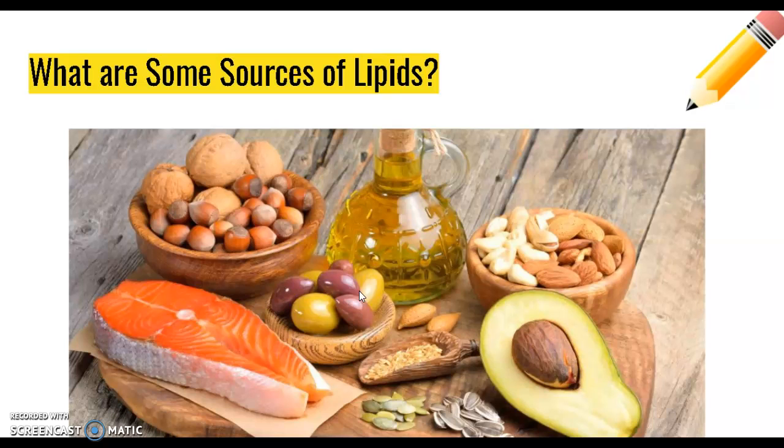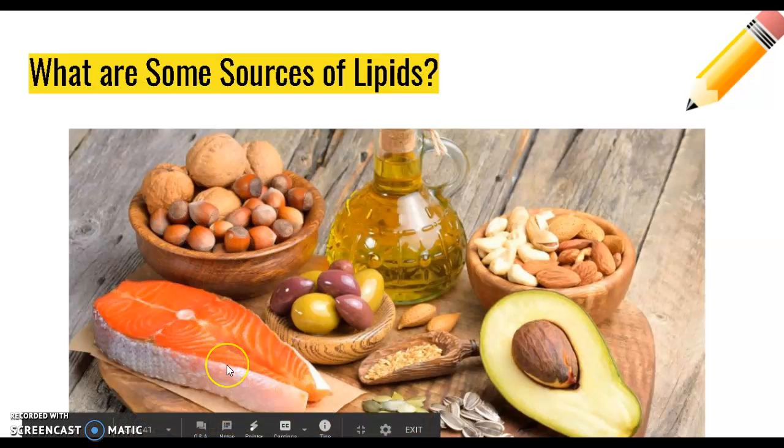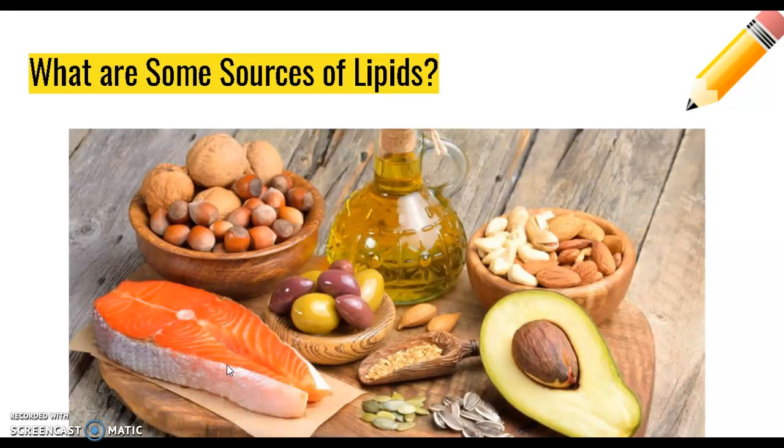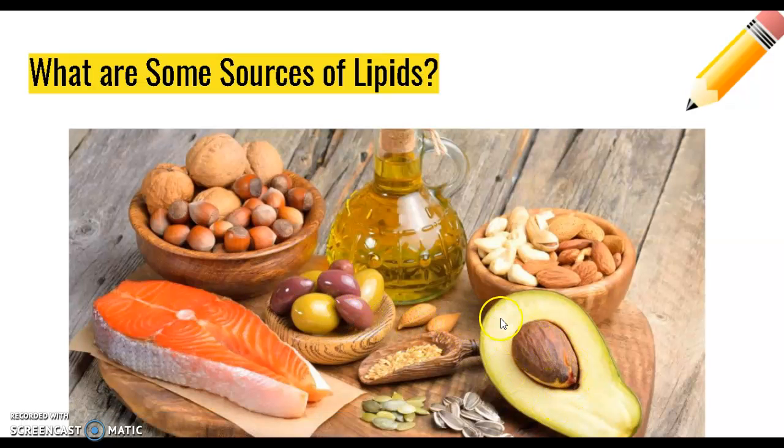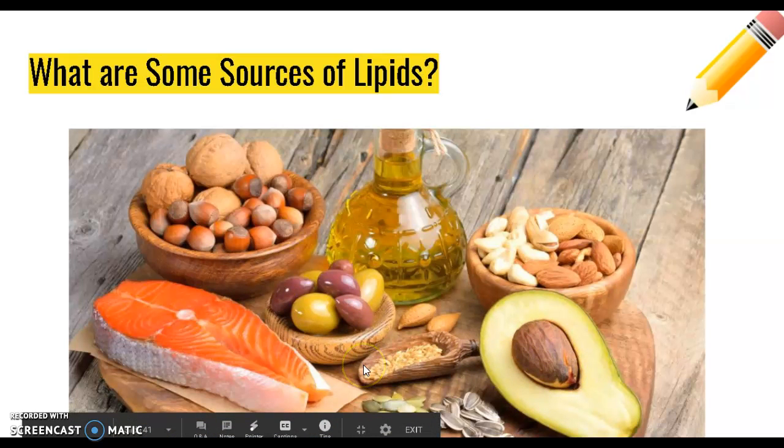Many meats have a lot of fat in them, like beef and fish. Egg yolks have a lot of fat, and nuts, olives, avocados, and seeds also contain a lot of fat oil.